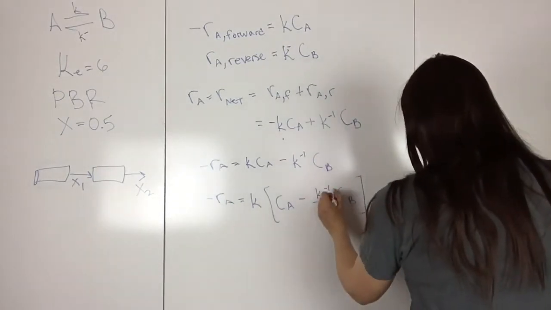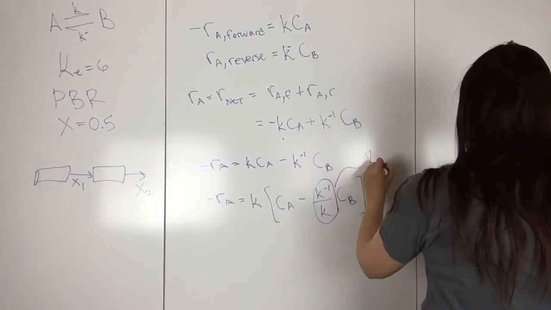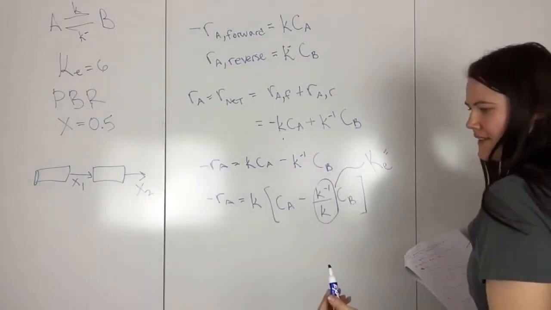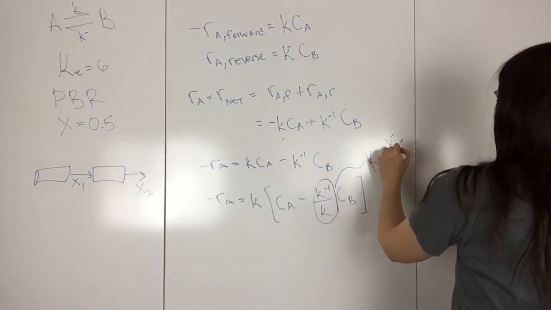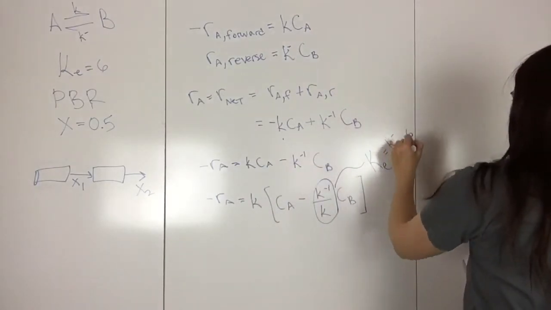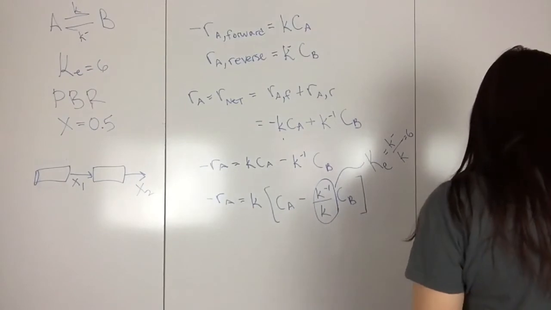And then we know that this k minus 1 over k is Ke, the equilibrium constant. It gave us that, so we know that it's 6. But I'm not going to plug in 6, I'm just going to plug in Ke right now.